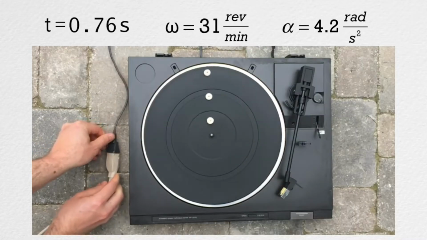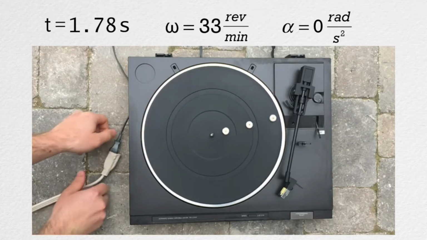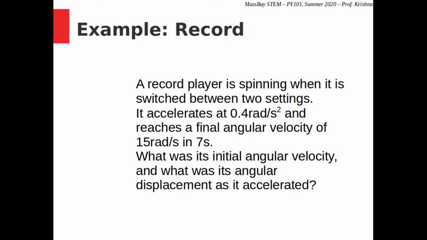Now, let's apply these equations to some practical examples. Consider this puzzle. A record player is spinning when it is switched between two different settings. It accelerates at 0.4 radians per second squared and reaches a final angular velocity of 15 radians per second in 7 seconds.